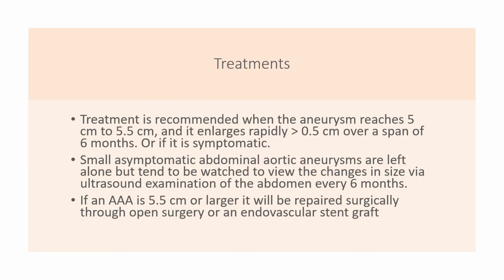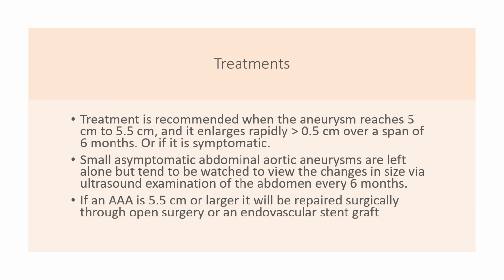Treatments. The goal of abdominal aortic aneurysm treatment is to prevent an aneurysm from rupturing. Treatment may involve careful monitoring or surgery. The treatment that you have depends on the size of the aortic aneurysm and how fast it's growing. Treatment is recommended when the aorta reaches 5 centimeters to 5.5 centimeters and enlarges rapidly, over 0.5 centimeters over a span of 6 months, or if it's symptomatic.